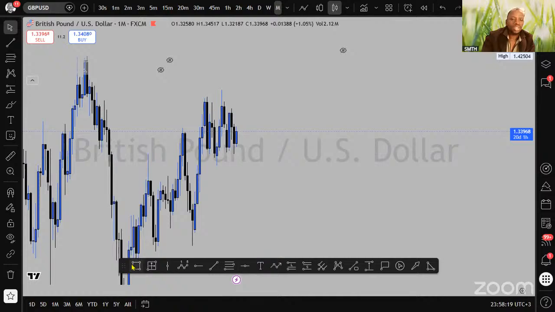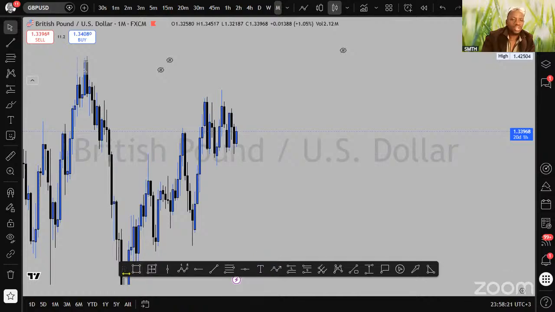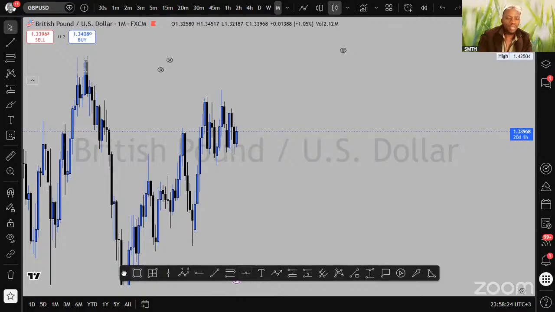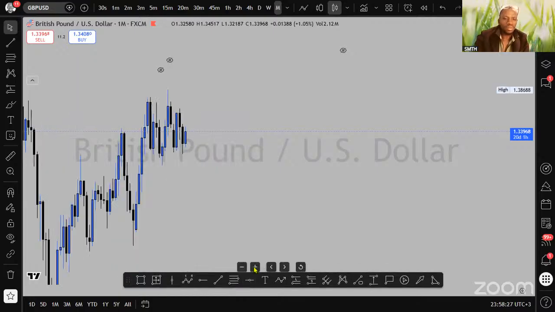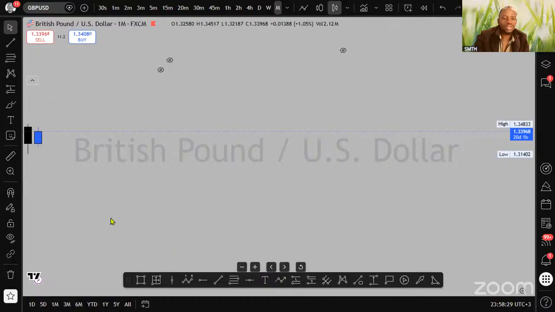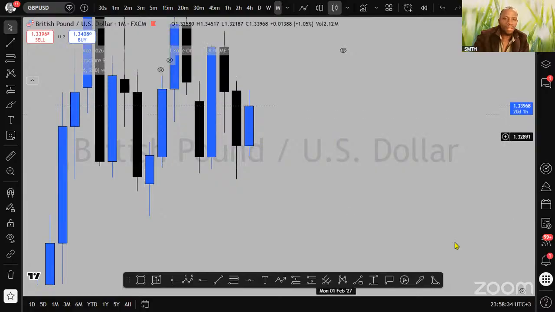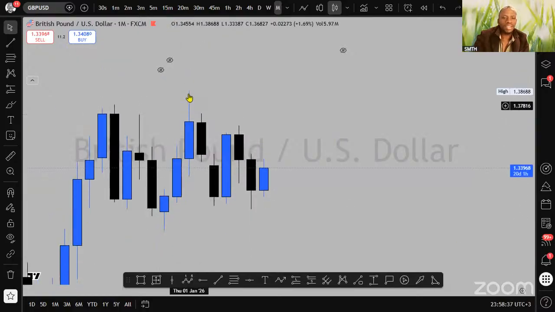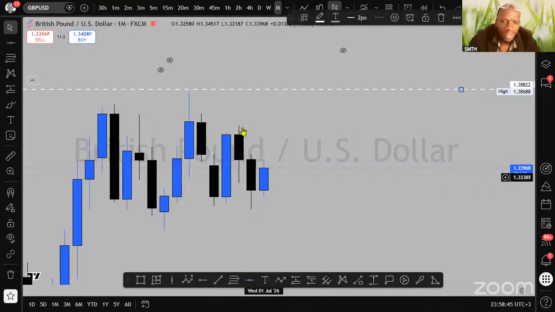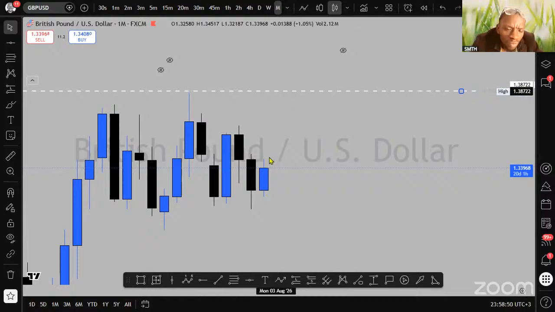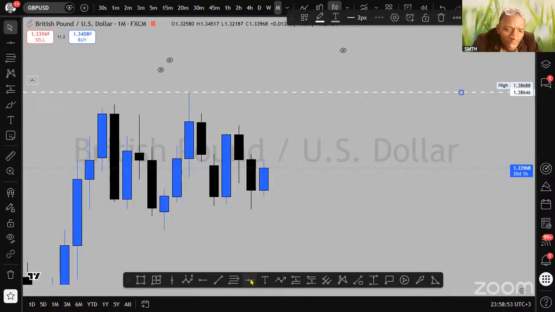What you can just do is you come to the closest month, you can decide to zoom in, and just mark this high and this low. You come here, you identify this high, and this low. These are the closest.